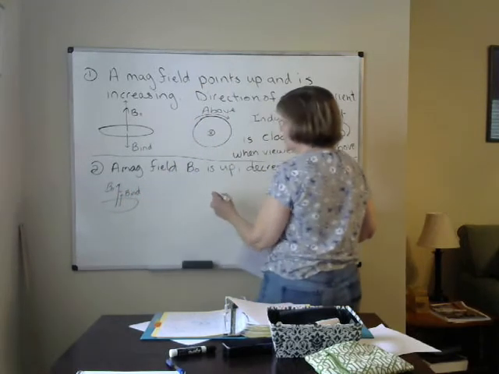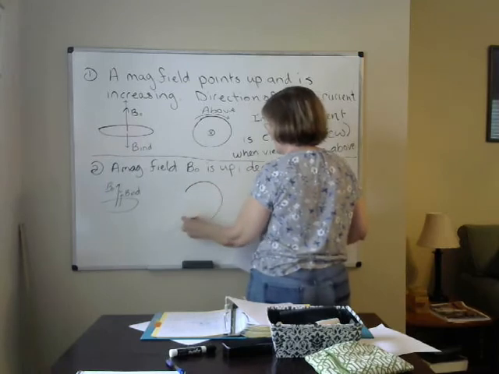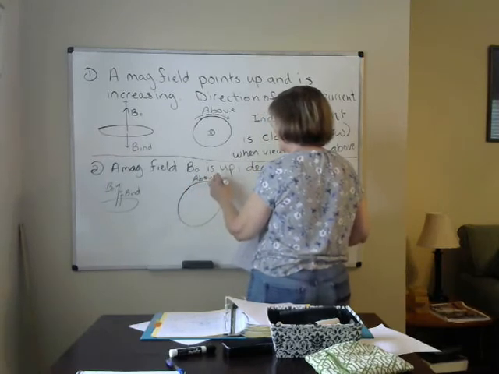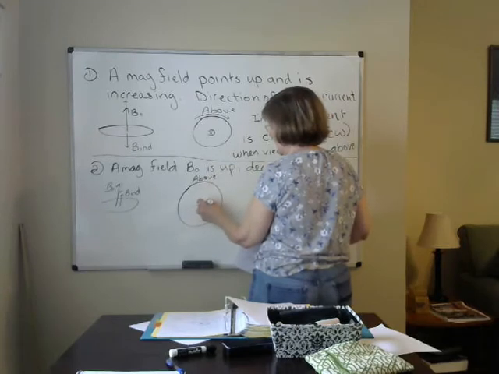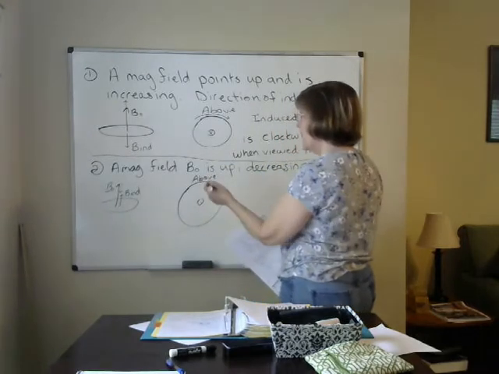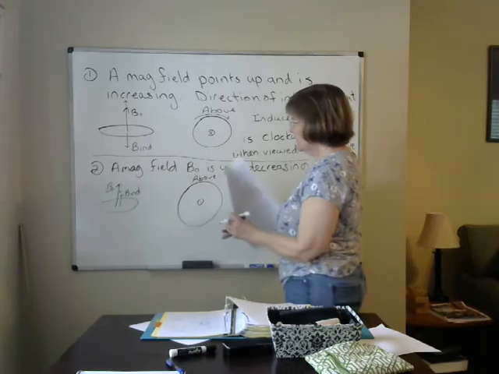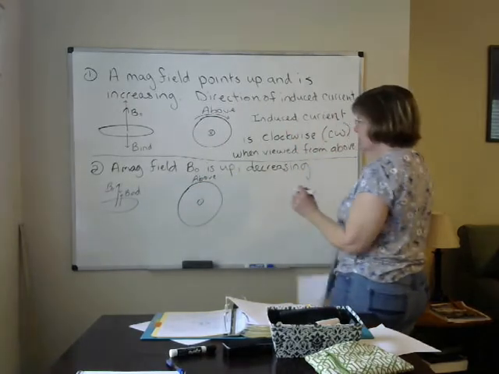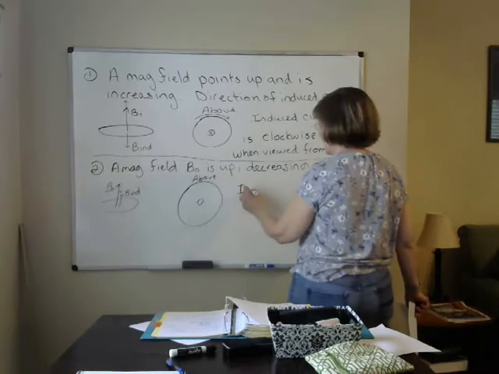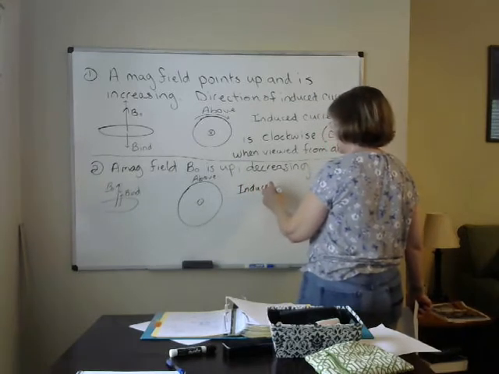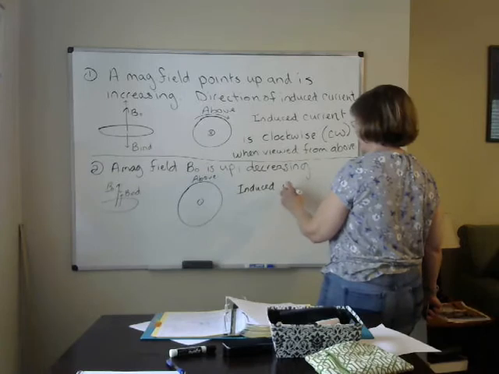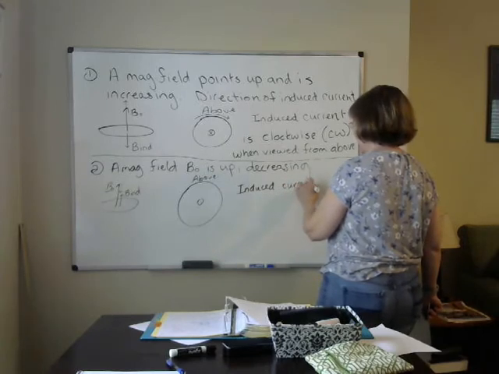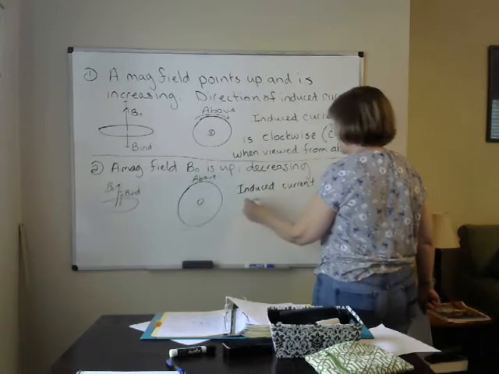Okay. If I draw the picture from above, if the induced one is upward, it now looks like this. It's coming up out of the top. To do that, that tells me that my induced current is counterclockwise.